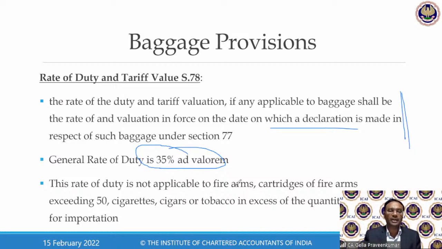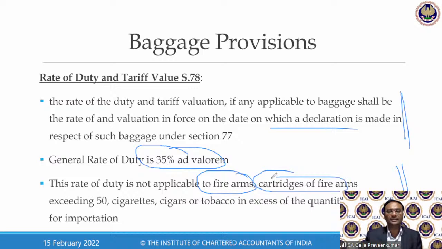This rate of duty is not applicable to firearms, cartridges of firearms exceeding 50, cigarettes, cigars, or tobacco in excess of the quantity prescribed. Now, this is important. Whenever people come from a foreign nation, they say, look, you are permitted to get something called baggage. Firearms, your pistol.